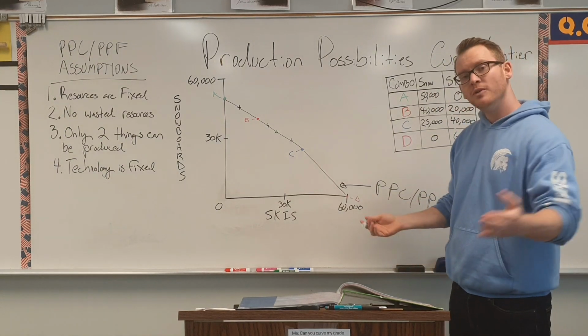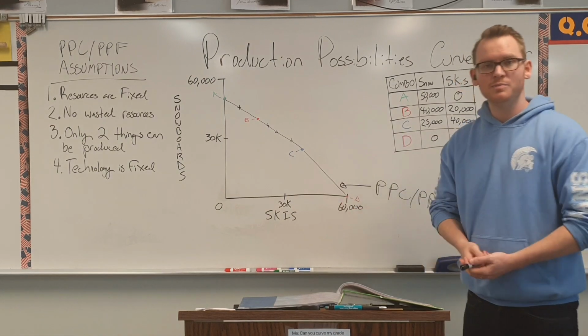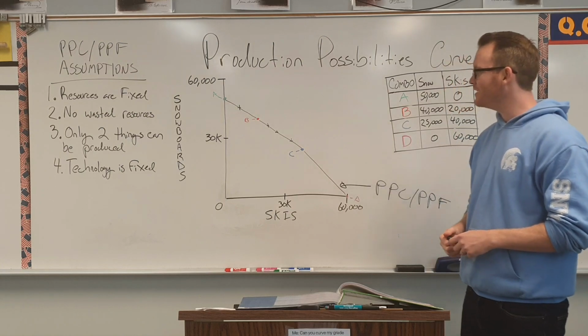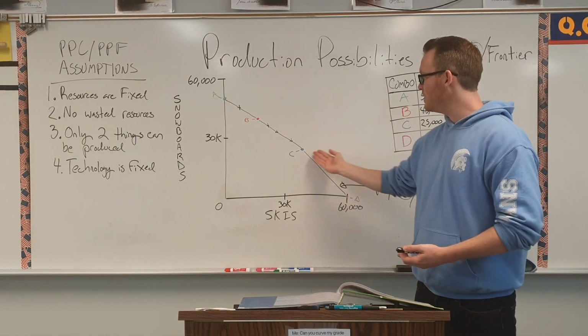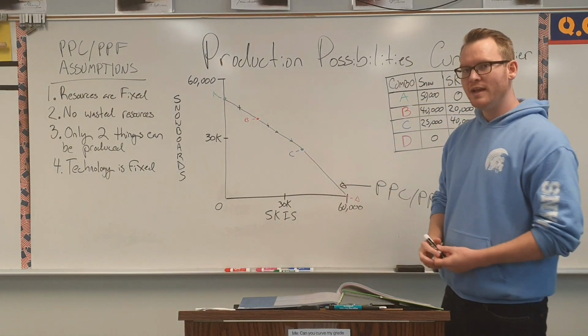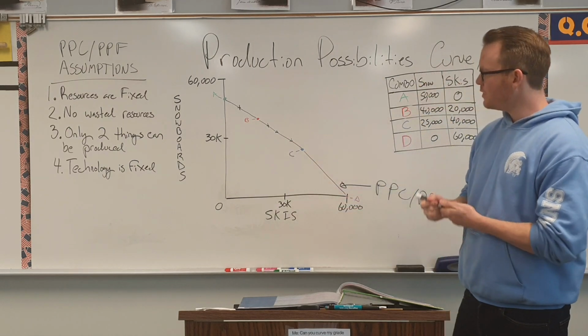Say over several years the Winter Olympics becomes popular, and Shaun White, the snowboarder, makes snowboarding more popular, so you might want to shift from point C to point B to get more into that snowboarding market. So this has a number of uses.